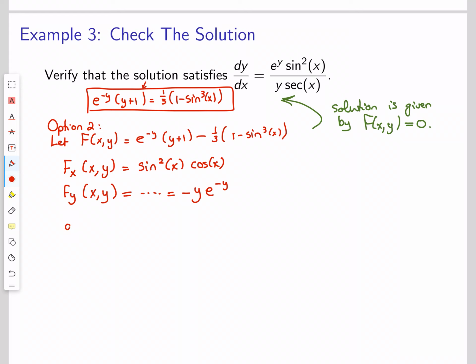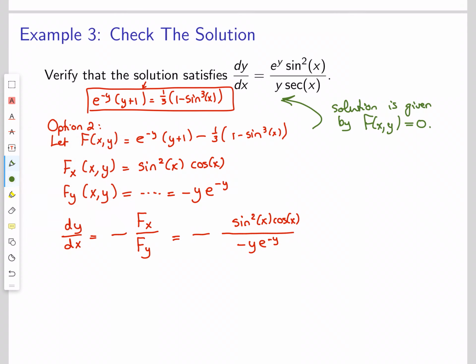And so then you can form dy dx. It is minus the partial with respect to x over the partial with respect to y. If you substitute those in, you get minus f sub x, which was sine squared of x times the cosine of x, over the partial with respect to y, which is minus y e to the minus y.